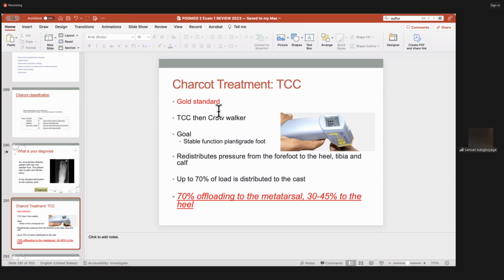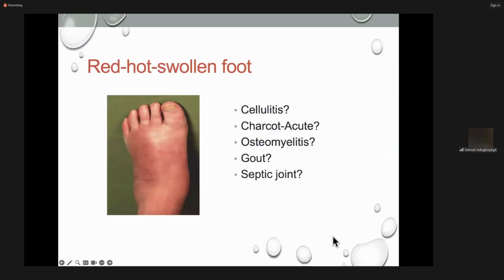The only one that is really good for Charcot, it might be a little confusing, is the patella tendon brace. The patella tendon brace actually could protect the foot. That's the only exception. Apart from that, there's nothing else. No other brace really protects that foot other than the combination of a patella tendon brace and a CROW walker. So braces don't protect the foot when it comes to Charcot.